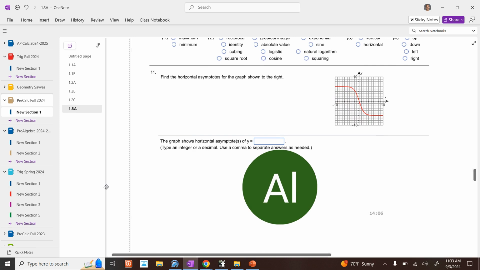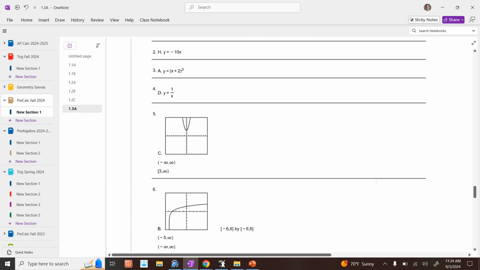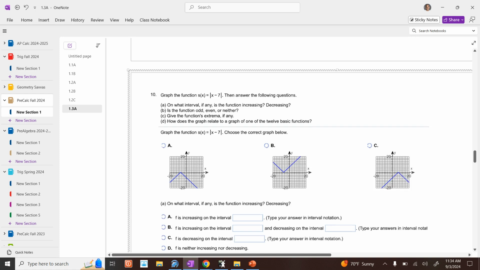You just look at the graph and figure out where they are. So if we go up 1, 2, 3, 4, 5, 6, it looks like it has a 6 and a 1, 2, 3, 4, 5, 6, negative 6. Okay. All right. So I'll let you get started on that.